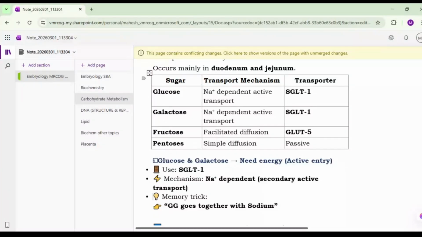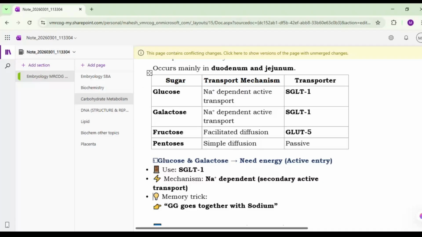Okay, so once they are converted into monosaccharides, then they are transported through some mechanism. Last time we discussed simple diffusion, facilitated diffusion, transport, etc. What are the different methods of transport? Remember, for glucose and galactose, you have sodium dependent transport, and the transporter is SGLT1.